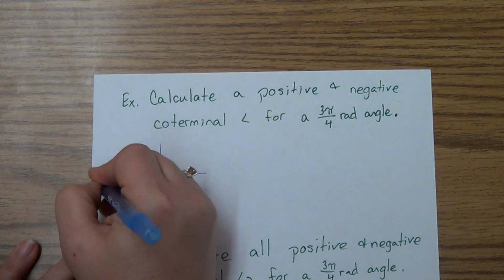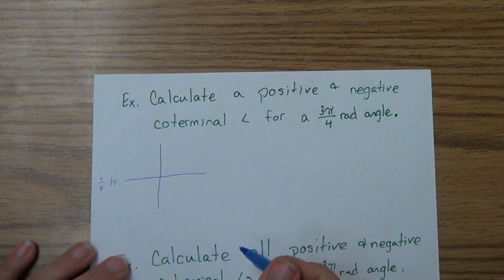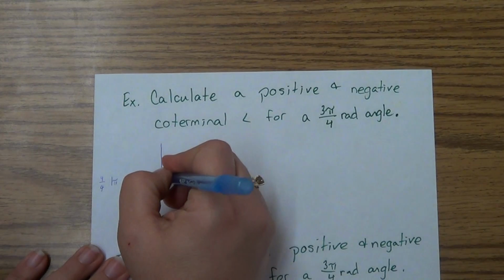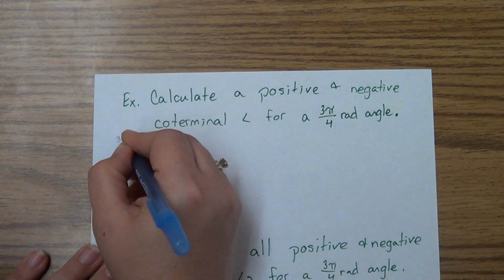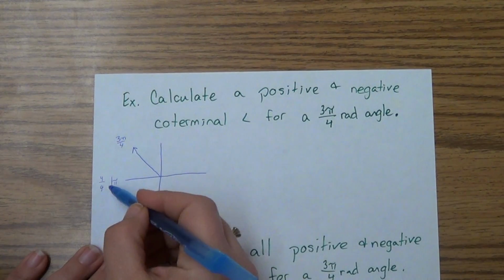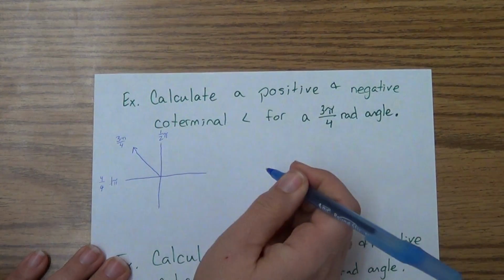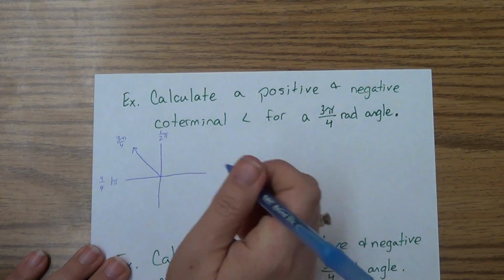So that's the same as 4 over 4 pi, because 4 over 4 is the same as 1. So where would 3 over 4 be? It would be right there in the middle of those. Because again, if this is 1 pi, this is a half a pi, so that's 2 over 4, so 3 over 4 falls right here.